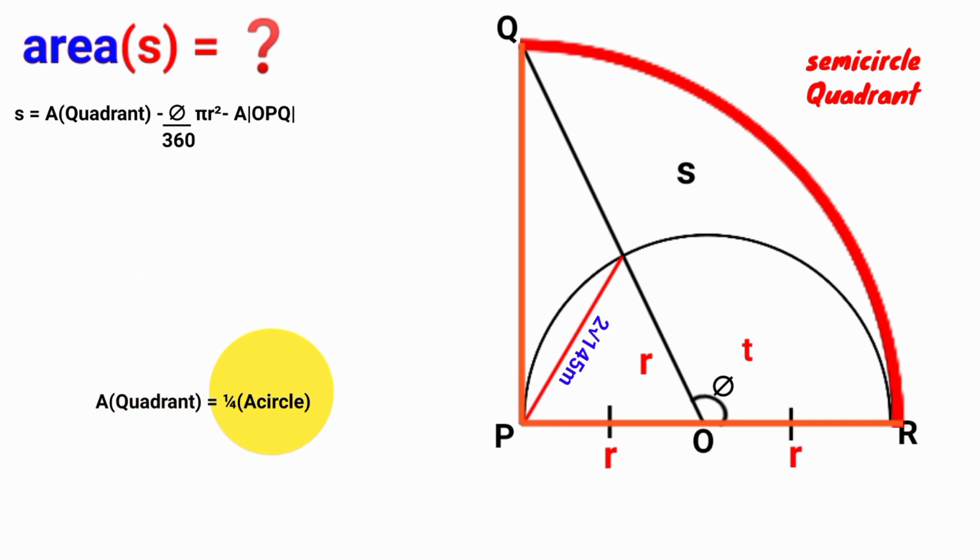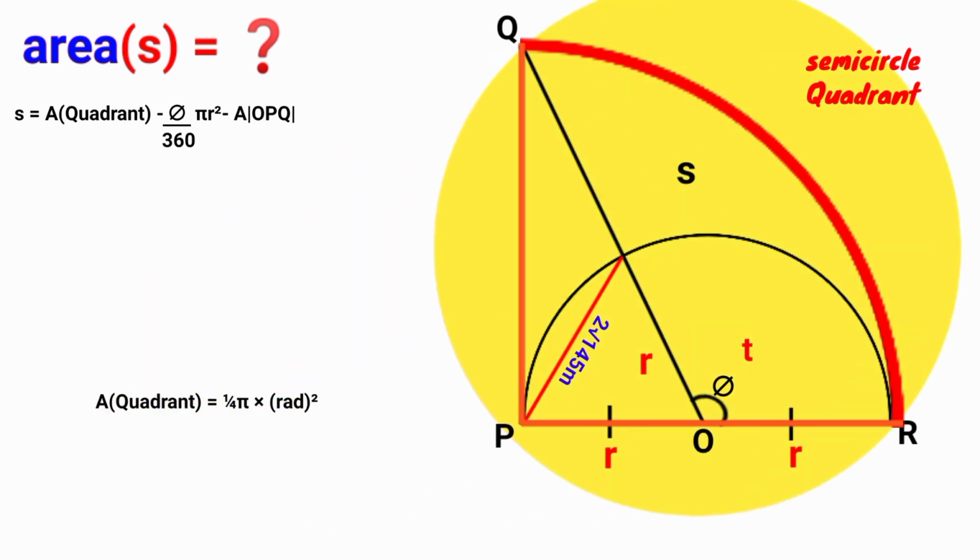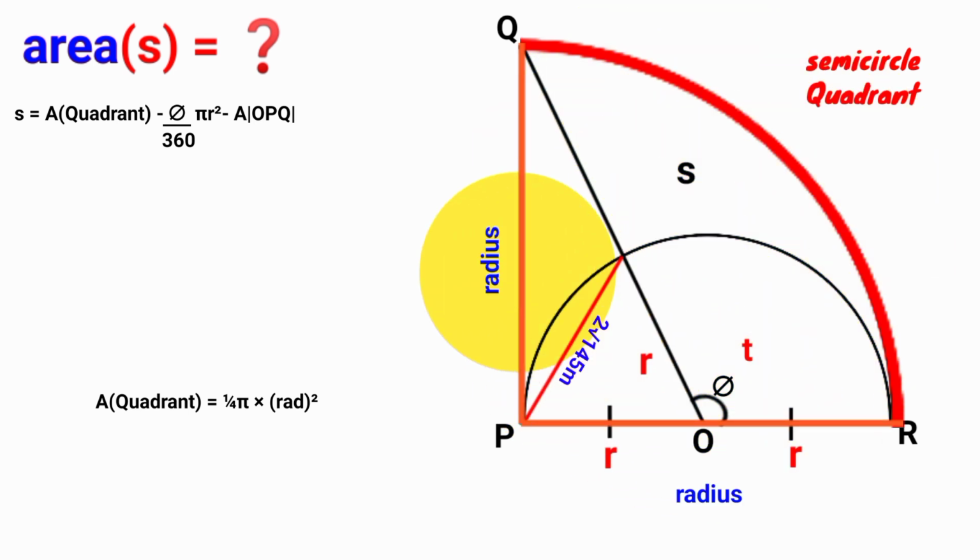Area of circle is pi times the square of the radius. So area of quadrant equal to 1/4 times pi times radius squared. If you look at this quadrant, we know this and this are its radii, because a quadrant is also a sector, which is 1/4 a circle.